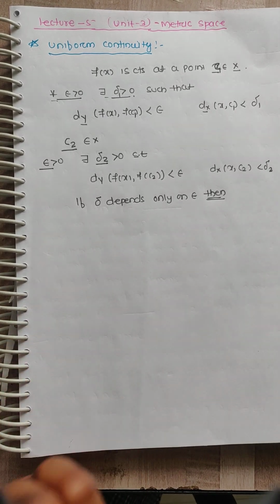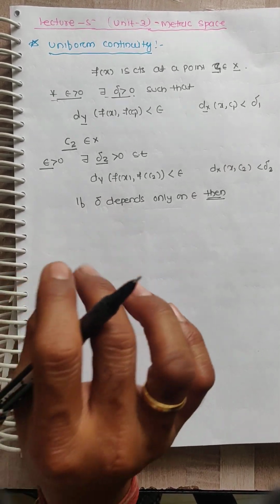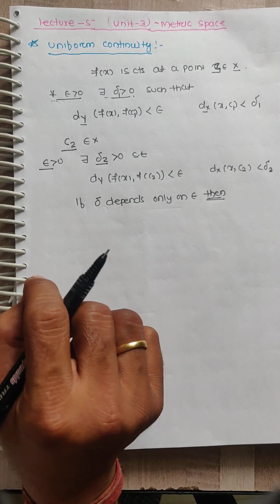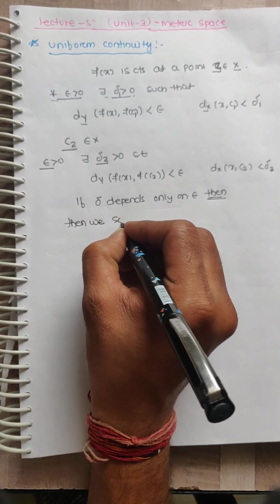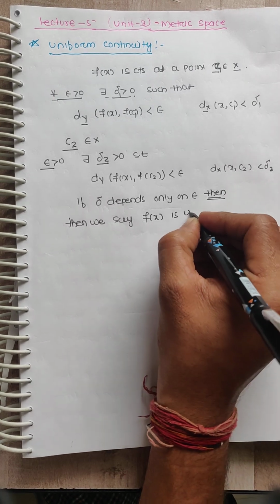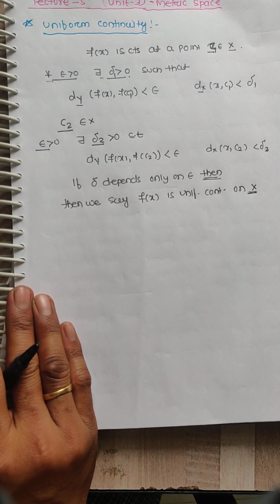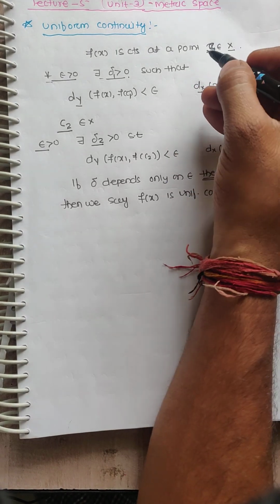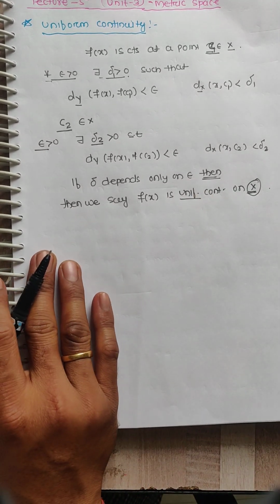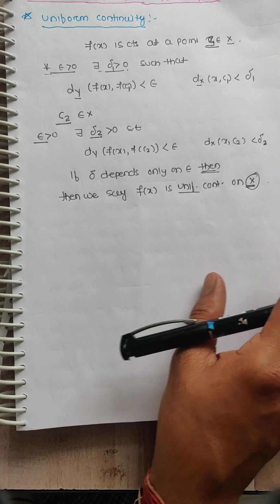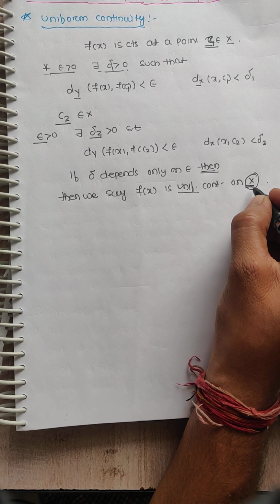For every epsilon there exists a delta depending only on epsilon, not on the point of X. Then we call that continuous function a uniformly continuous function on X. We say f(x) is uniformly continuous on X. So continuity is defined at a point, but uniform continuity on a set X. That's why we always say that continuity is a local property and uniform continuity is a global property, because it works on X.